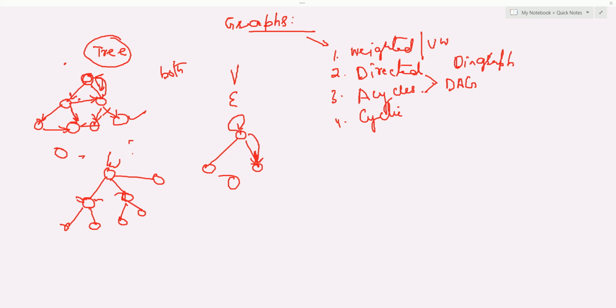Now we also have the degree associated with a vertex. Degree can be in-degree and out-degree in the case of a directed graph. That means how many edges are incident on the vertex and how many edges are going out of the vertex.